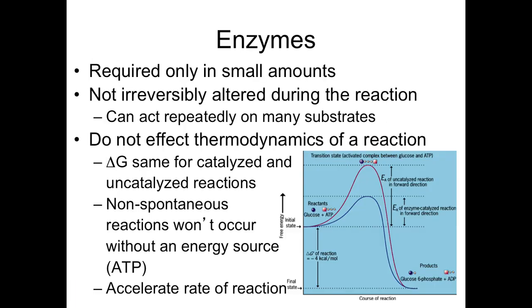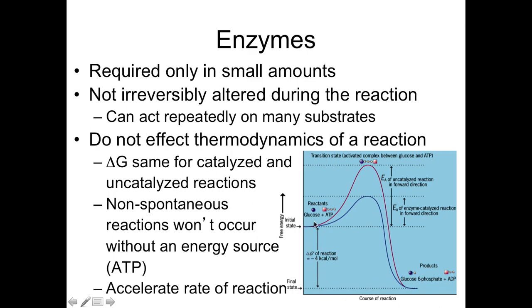All right, you should be able to reproduce this energy diagram, okay? An energy diagram shows you the course of the reaction. You have G, right? This is G, not delta G, just G, free energy. Gibbs free energy is on the y-axis, and time, or the course of the reaction, is on the x-axis.